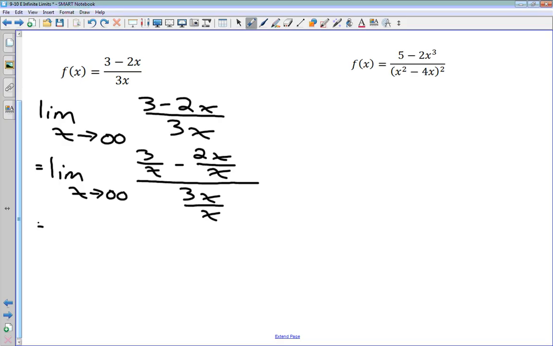Now, this simplifies a little bit. We can change this to the limit as x tends to infinity of 3 over x, because 2x divided by x is just going to be 2, and 3x divided by x is just going to be 3.